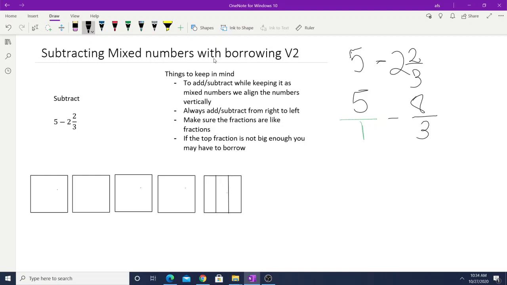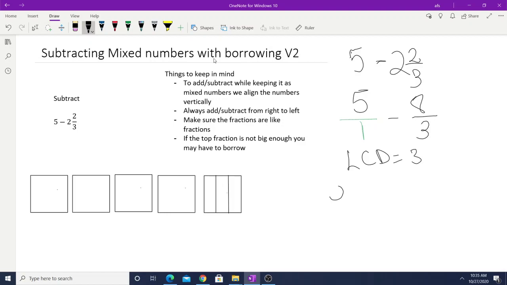Now, if you remember, every time we're adding or subtracting, we have to add or subtract the like fractions. Currently, my first fraction has the denominator of 1, and the second fraction has the denominator of 3, which means they're not like fractions. To get to the like fractions, we have to find the LCD, which is 3, and then eventually change both the fractions to have the same denominator.